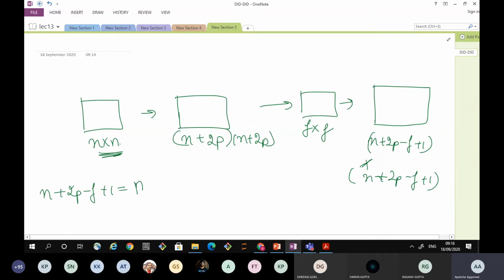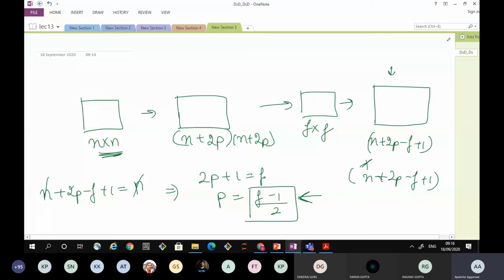So if I calculate from over here, my n would get cancelled. I will get 2p plus 1 is equal to f, or p is equal to f minus 1 by 2. So if I am setting the size of p to f minus 1 by 2, I will get the output image which is the same size as the input image. So the output image size is the same as the input size if and only if my padding size is f minus 1 by 2.